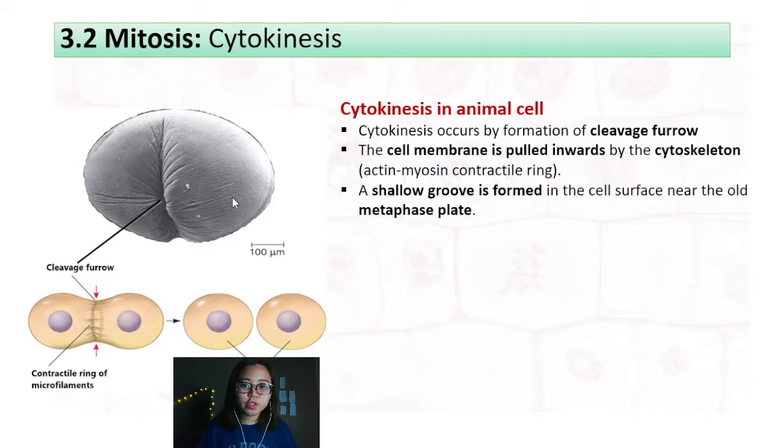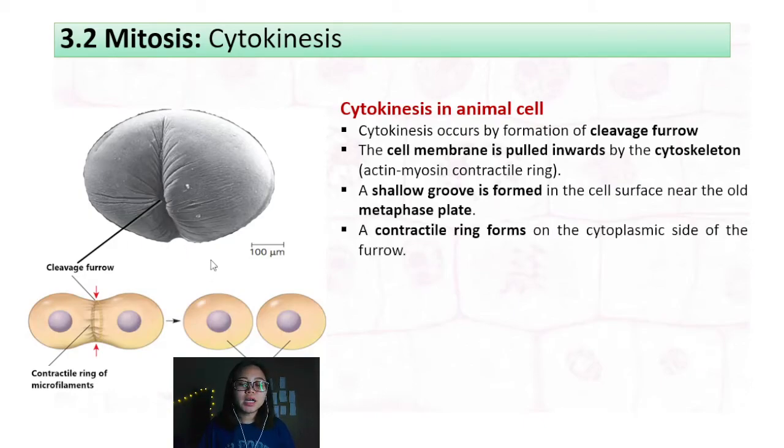A shallow groove is formed in the cell surface near the old metaphase plate. Maksud ayat ketiga ini adalah satu jurang ataupun satu parit cetek akan terbentuk di permukaan sel berdekatan dengan garisan khatulistiwa ataupun di mana metaphase plate itu berada sebelum ini. This contractile ring will form on the cytoplasmic side of the furrow. Means di sebelah dalam. Contractile ring ini terbentuk di sebelah dalam.